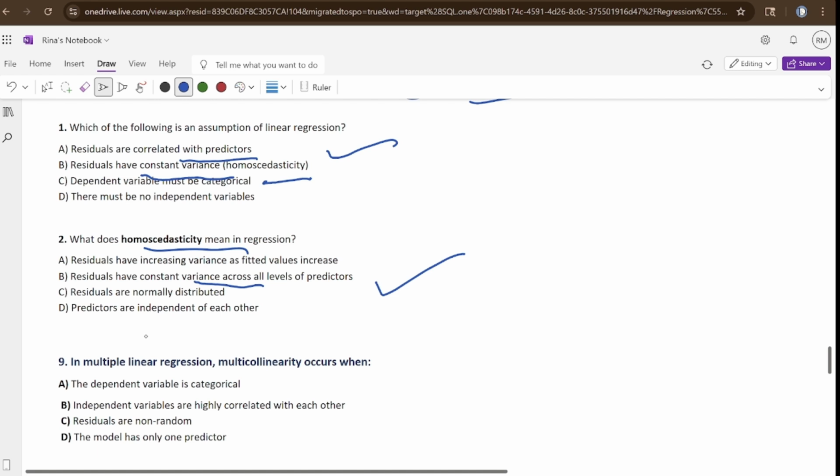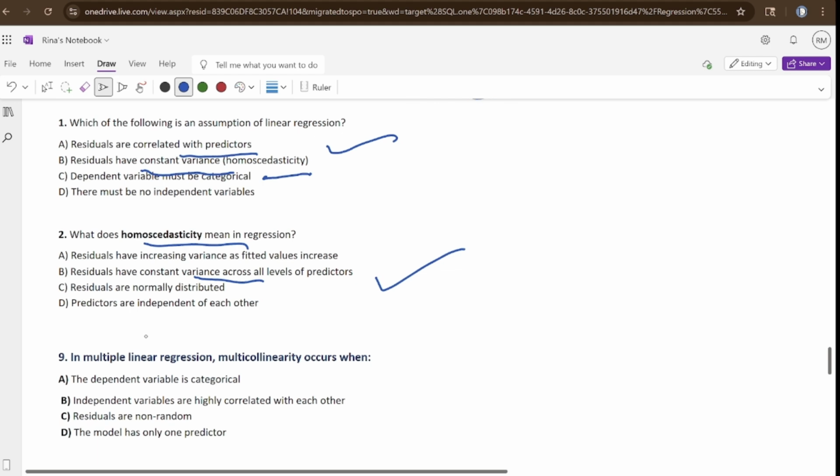Residuals mean actual value minus predicted value, and constant variance means the spread or scatter of residuals stays the same no matter what the input variable is. So the size of the prediction error does not change as the input variable changes. Clear? It will look like random scatter. No pattern, no funnels, no fans, nothing. Just random.